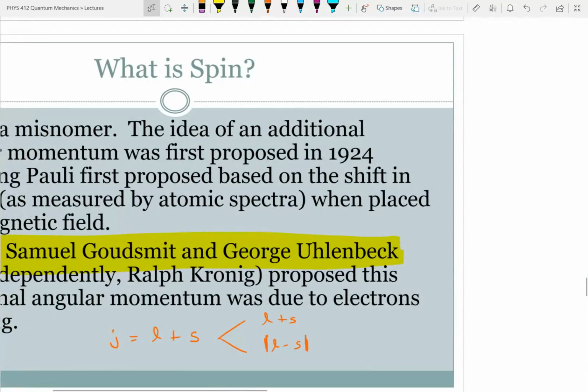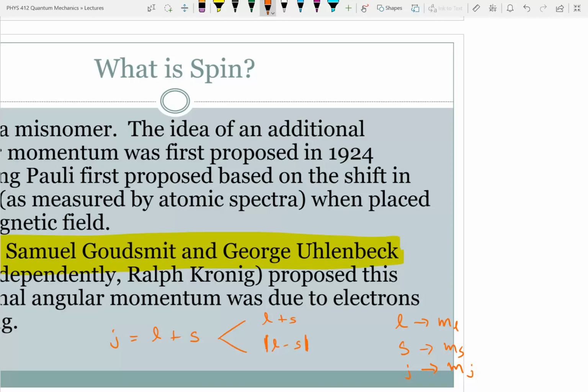Now, something I've also mentioned, we have L, and that gives us M sub L, S gives us M sub S, J gives us an M sub J. So we haven't done anything with the J's, and we're not going to, but that's something that you might need to know somewhere down the line.